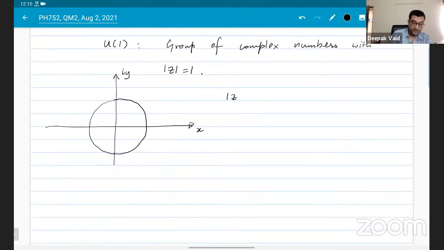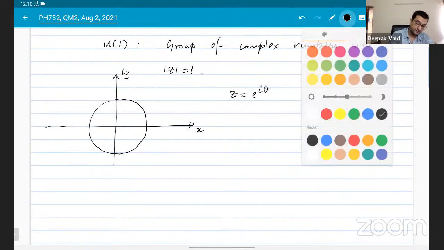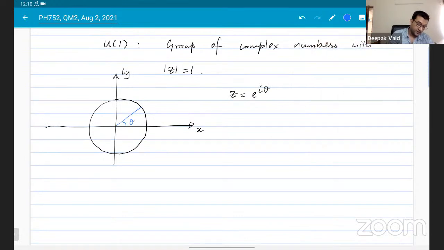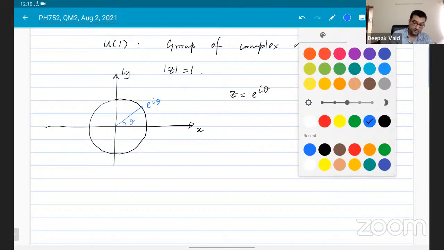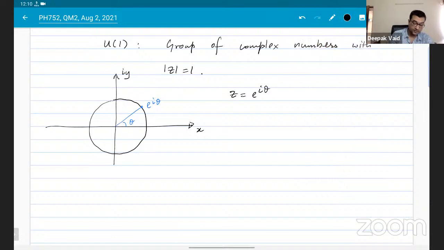So any such element I can write as e to the i theta, any element on the unit circle. It's just a phase. Now if I take any two of these numbers, e to the i theta 1 and e to the i theta 2, and I multiply them, the result is again a third element on the unit circle, right?